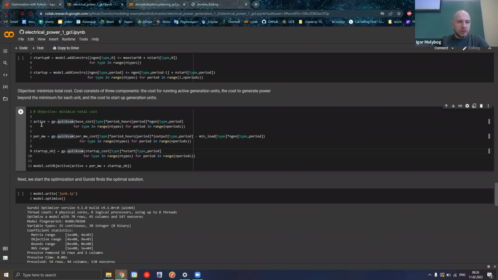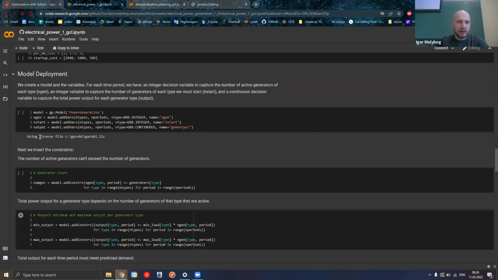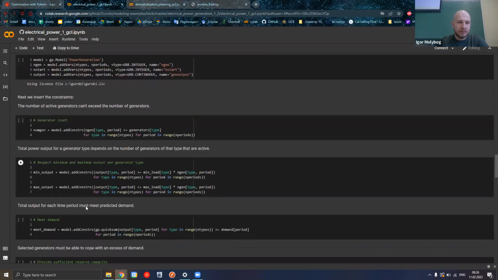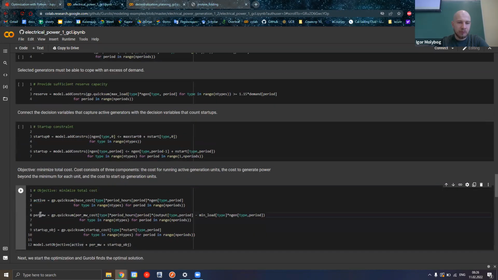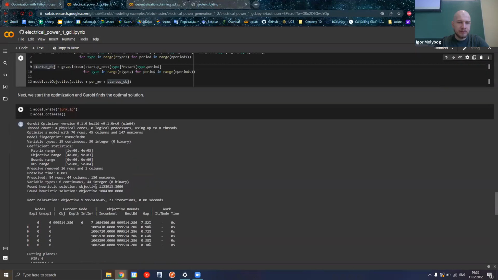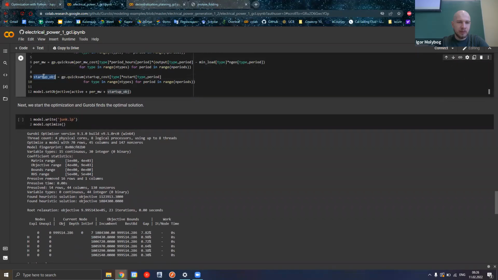So we would need to define the active, the z on is represented with active, then z extra is represented with the variable per megawatt, and then z startup is this variable startup objective.